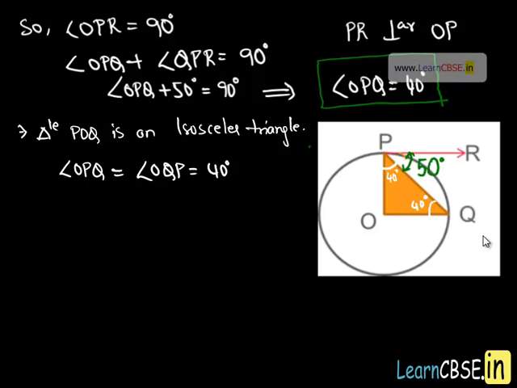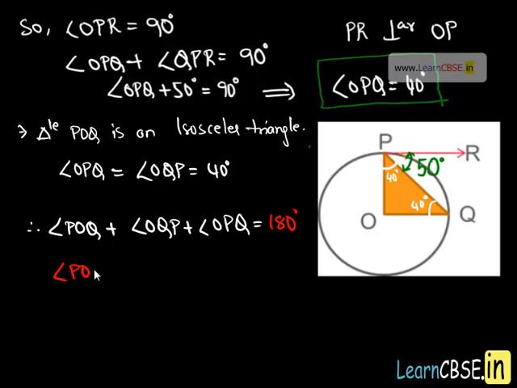We have to find out angle POQ, but we know that in any triangle, the sum of the three angles is equal to 180 degrees. Therefore, angle POQ plus angle OQP plus angle OPQ is equal to 180 degrees.